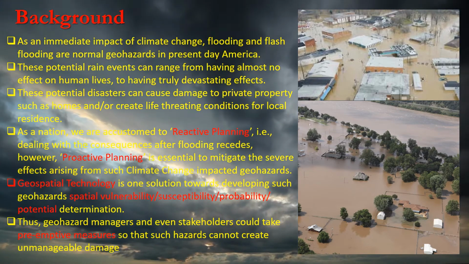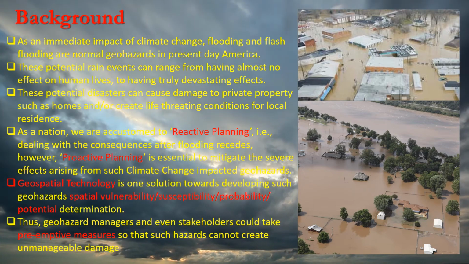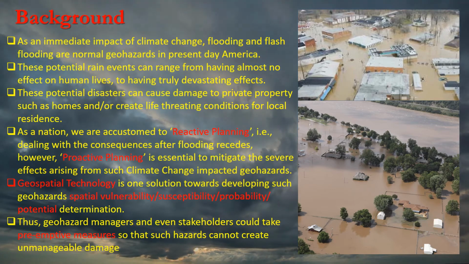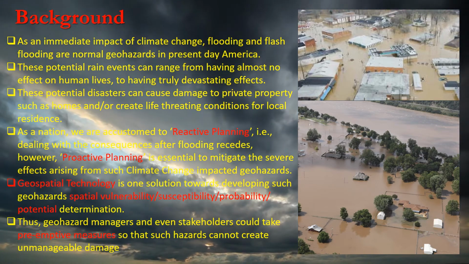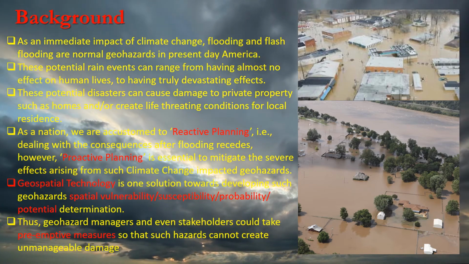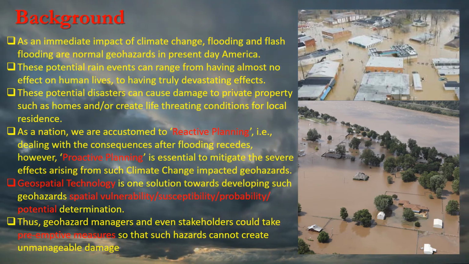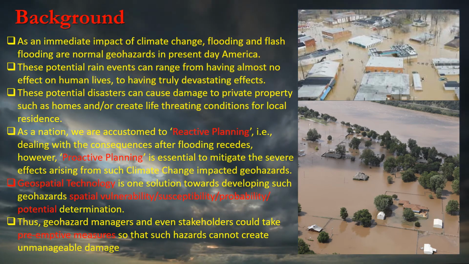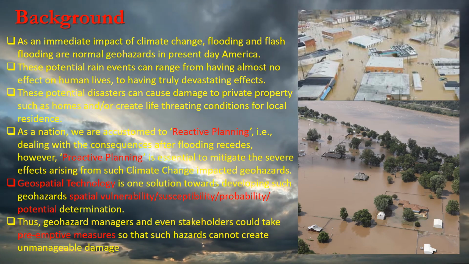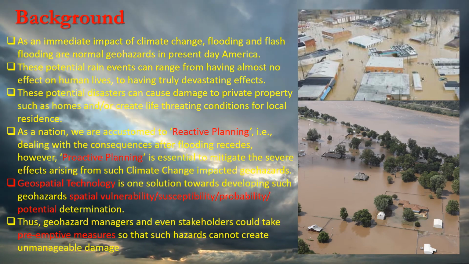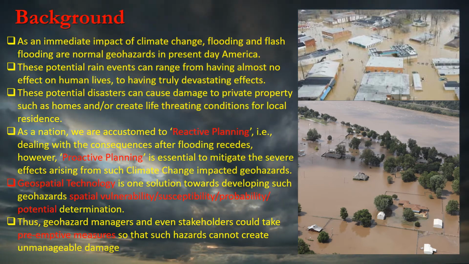Geospatial technology is one solution towards developing such geospatial vulnerability, susceptibility, probability, and potential determination to mitigate the geohazard impacts. Thus, geohazard managers and even stakeholders could take preemptive measures using proactive planning suggestions so that such hazards cannot create unmanageable damage.